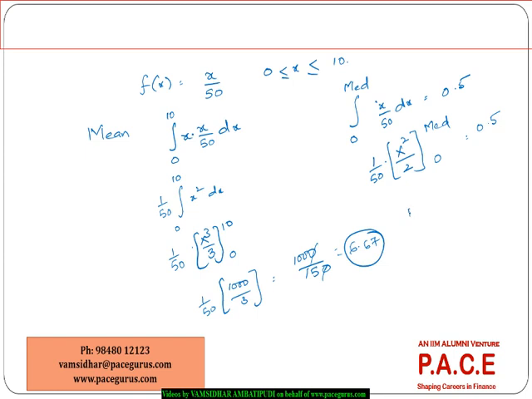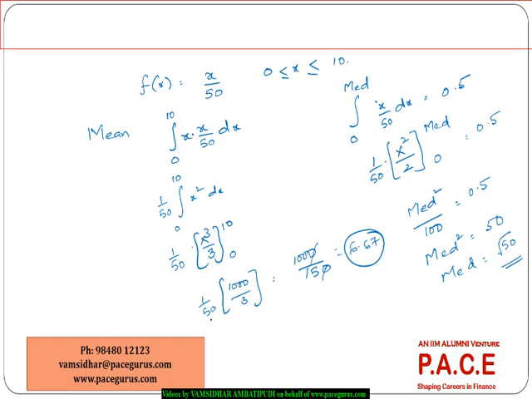That is nothing but median squared by 100 equal to 0.5. From here, median squared is 50, so the median is the square root of 50, just around 7 for this particular data.